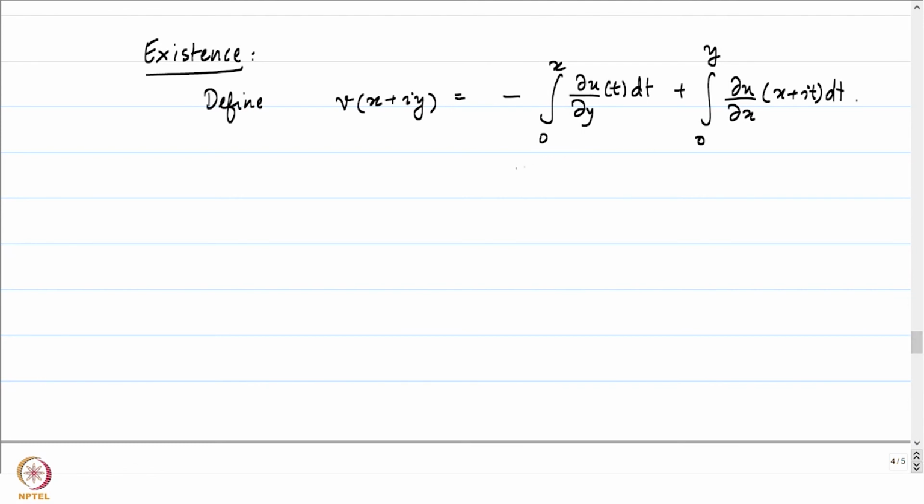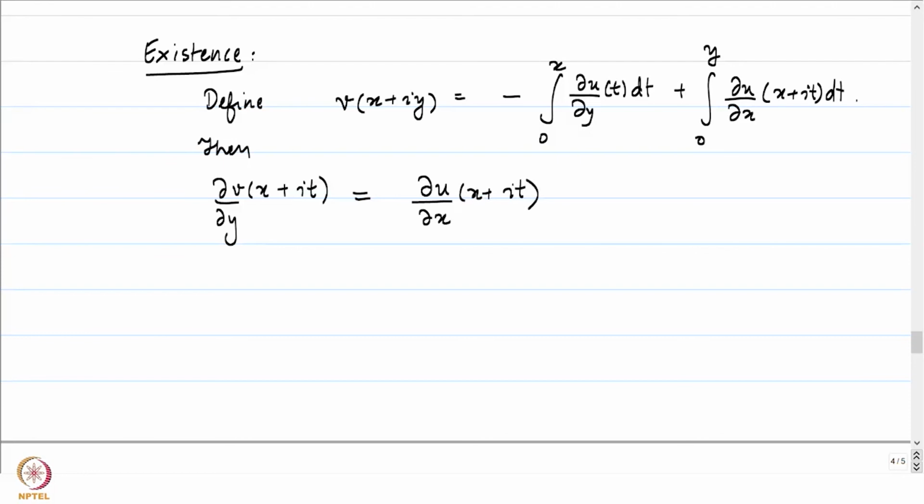Notice that there are two terms here. The first term changes along the x direction, and the second one is more subtle because there is already an x term. The first one, however, changes only along the x direction. So if we take the partial derivative along the y direction, then dou v by dou y at a point, say x plus it, the first term vanishes, and the second form of the fundamental theorem of calculus tells us that this is exactly equal to dou u by dou x of x plus it.